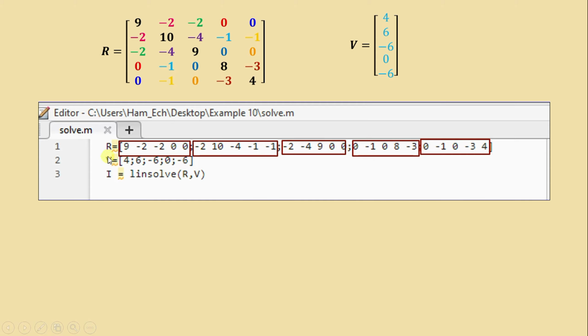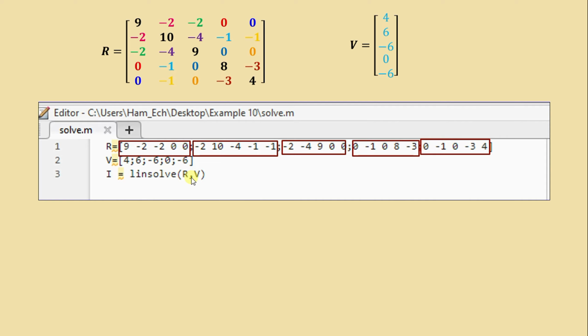It's also the same for the input voltage vector V, with rows 1 through 5 separated by semicolons. I is equal to linsolve(R, V). Linsolve is a function used to solve linear equations in matrix form.